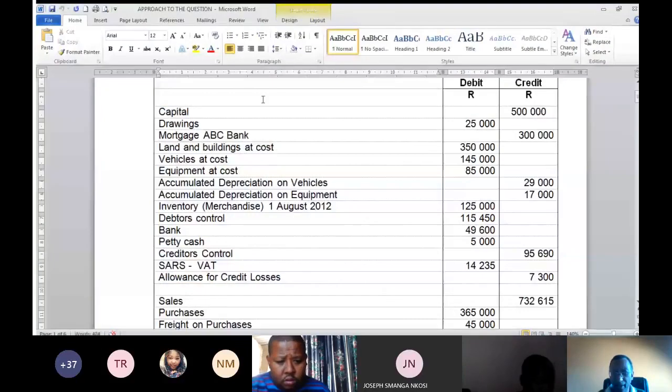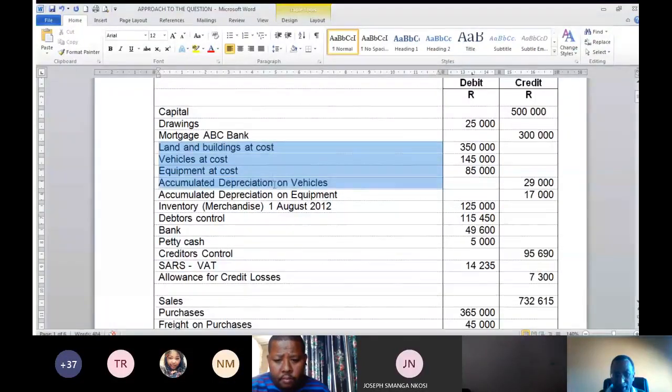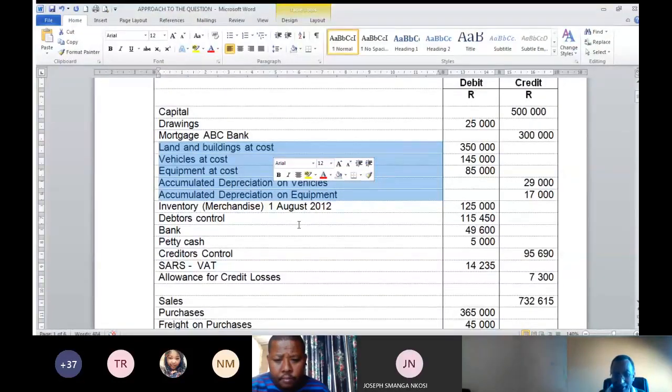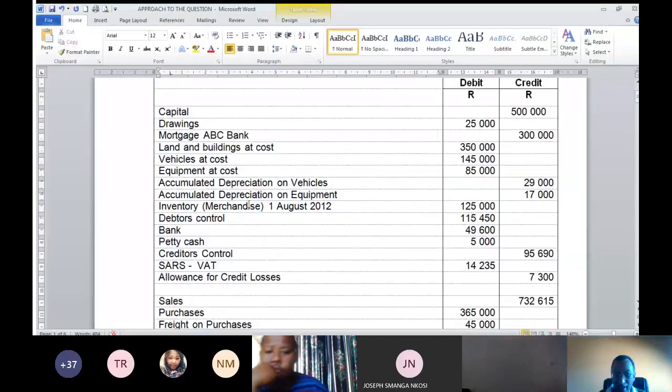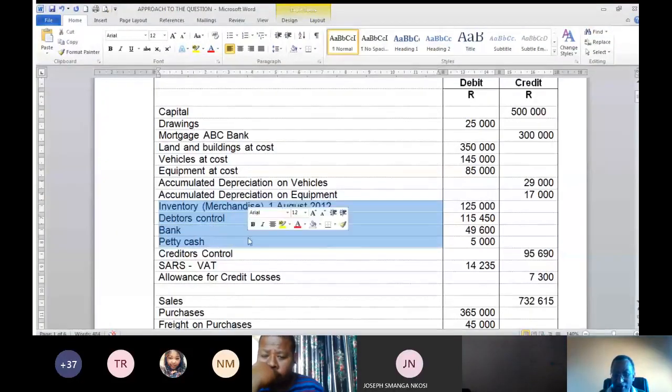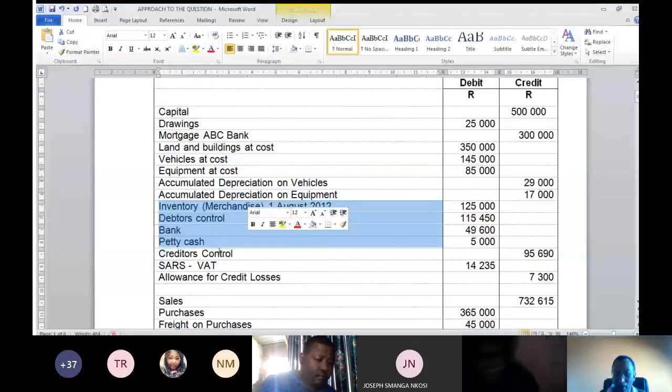So, capital and drawings, you will recall, is equity. Mortgage, which is a loan, is a liability. Land and buildings, vehicles, equipment, accumulated depreciation, those are all my non-current assets. Inventory and trade receivables and bank and petty cash will fall under my current assets.